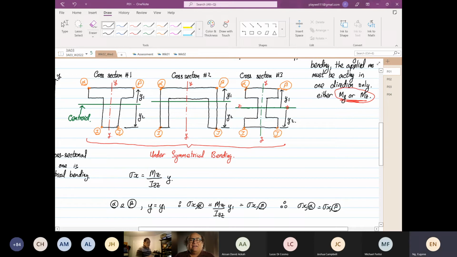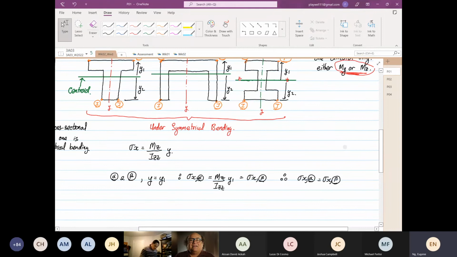Okay, Milika, I'm explaining it to you now. If you look at I and J, y is equal to y2. Therefore stress x at I, which is equal to Mz over Izz times y2, is also equal to stress x at J, because they share the same y distance.